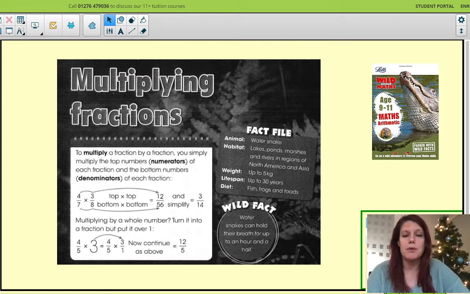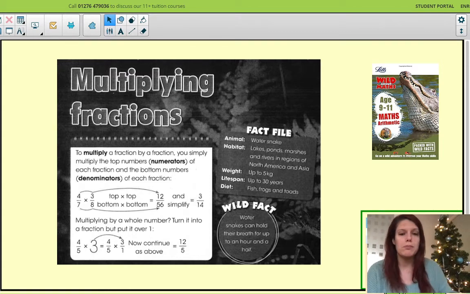In this example, we have 4/7 times 3/8. So we do 4 times 3, which is 12, and 7 times 8, which is 56. So we get 12/56. We can then simplify that to 3/14, which is simplified to its lowest terms. To simplify, we find a common factor and divide both the numerator and denominator by that common factor.